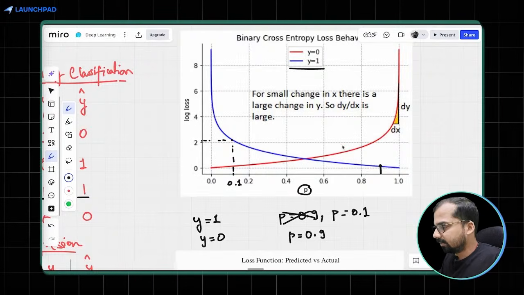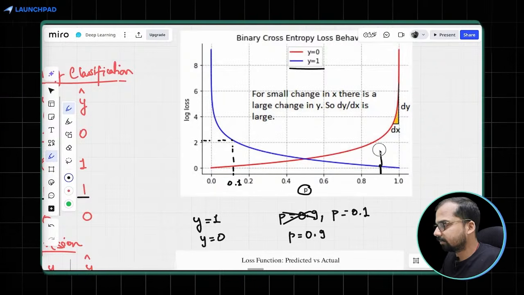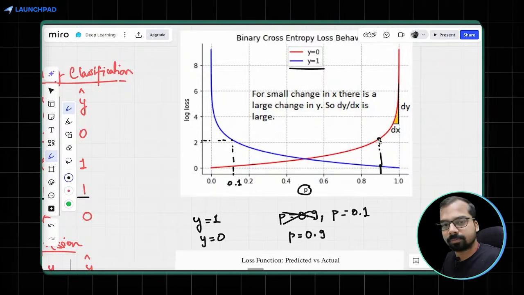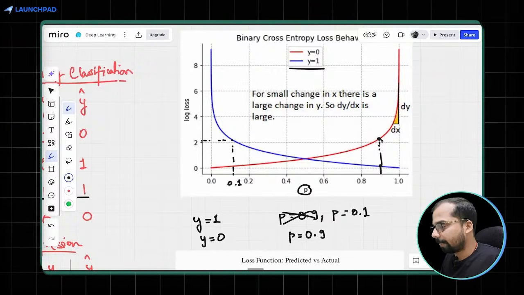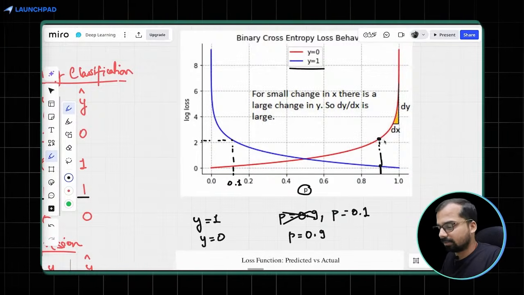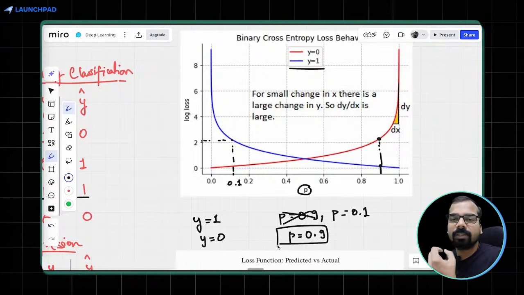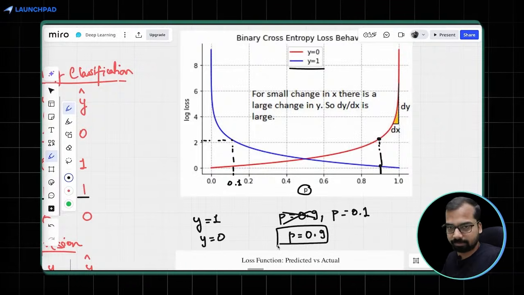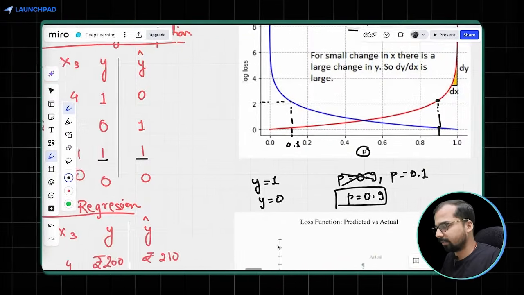See this red line, y is 0, so this red curve, not line, sorry, and probability is 0.9, so this basically is saying I have got a huge loss, I want to minimize the loss. So we'll adjust our weight such that this probability value comes out to be closer and closer to 0. So in this way, this binary cross entropy loss works. I hope it is clear.